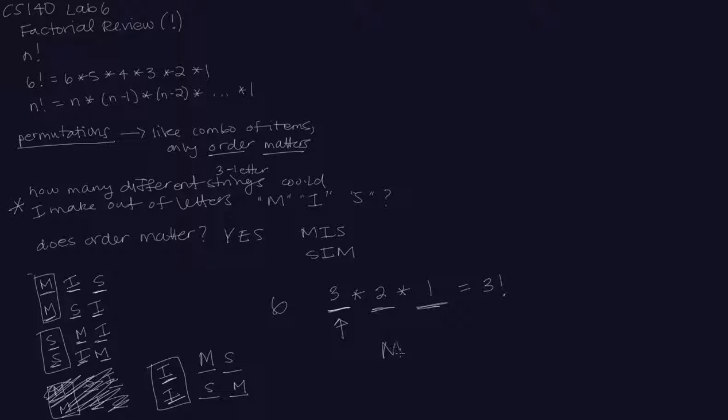What happens if we are looking at MISS instead of just MIS to create 4-letter strings? Well, the S's are the same letter, so that makes things a little bit trickier.